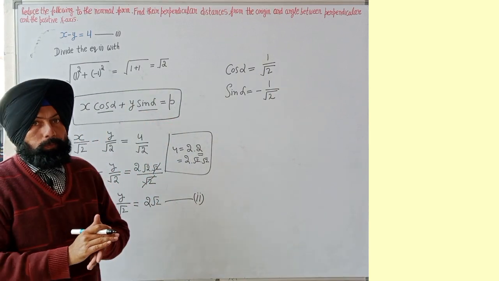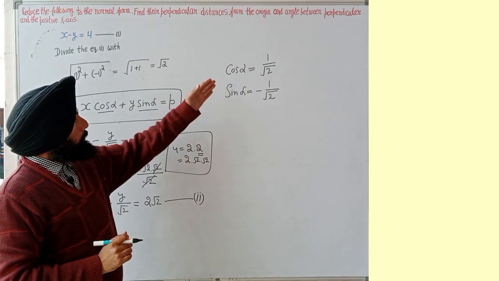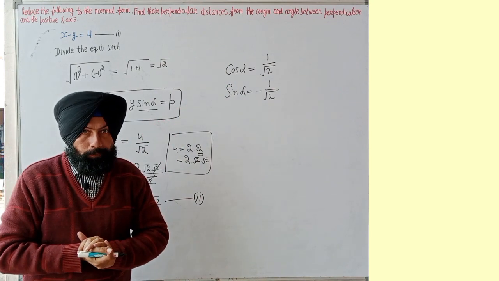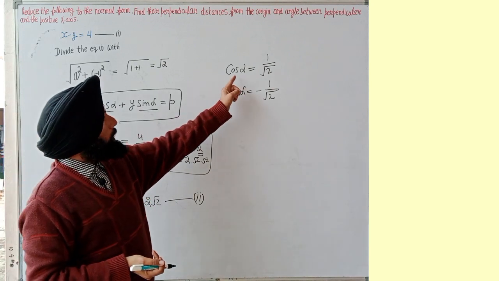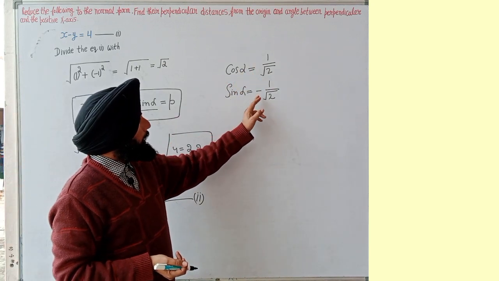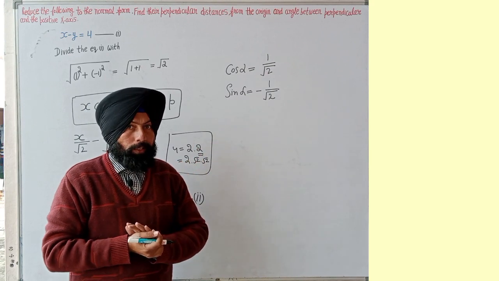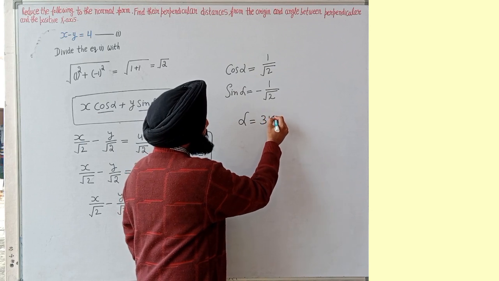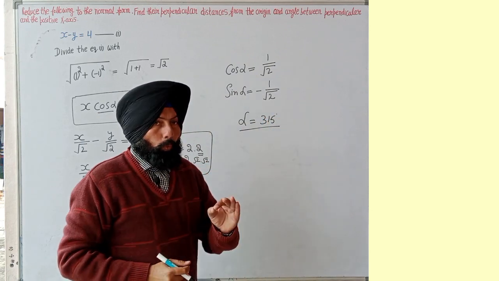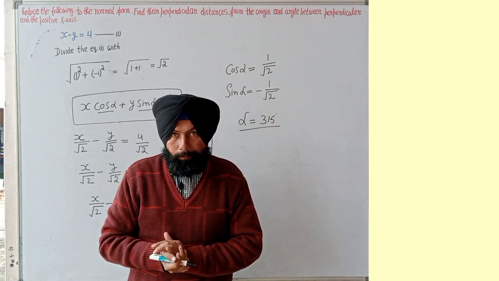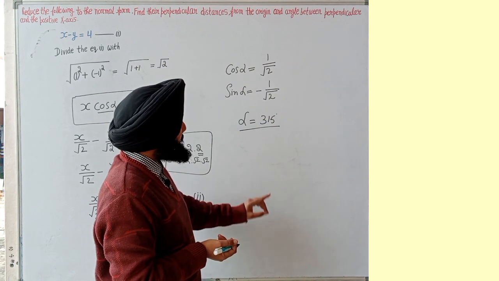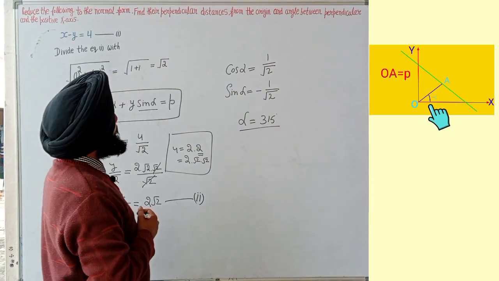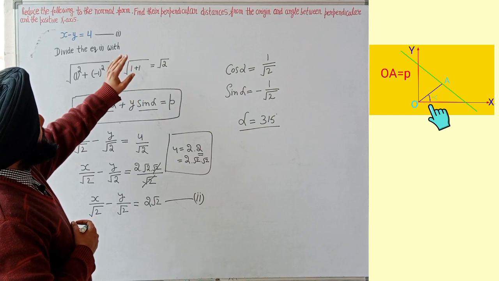With the help of trigonometry, when cos alpha is 1 over under root 2 and sin alpha is negative 1 over under root 2, alpha equals 315 degrees. So the angle made by the perpendicular with the positive x-axis is alpha, 315 degrees.